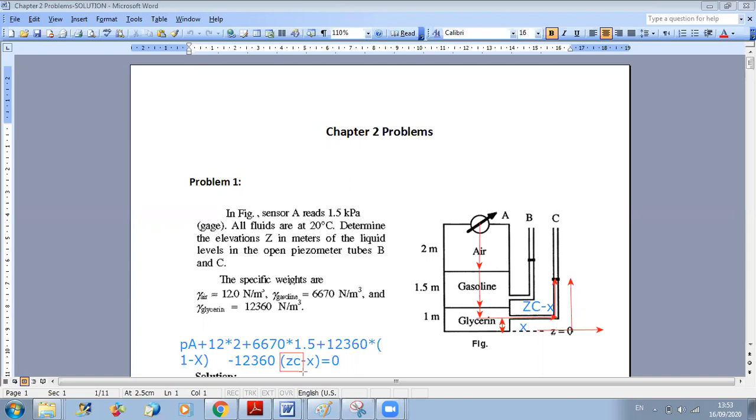Yes, the 1.5 kilopascal, due to what? It can be any source of pressure. You can have, for example, a jet of fluid. It can be any source. It's not drawn here. It's different, of course, from the atmospheric pressure.